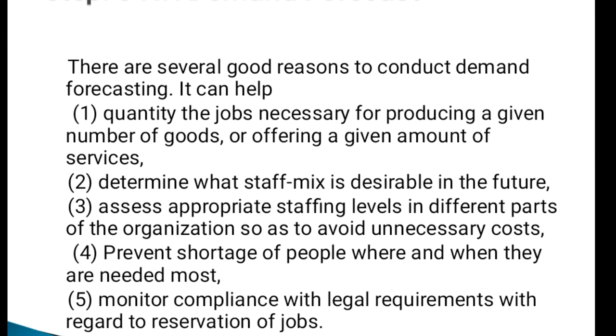Fourth one, it prevents shortage of people where and when they are needed most.